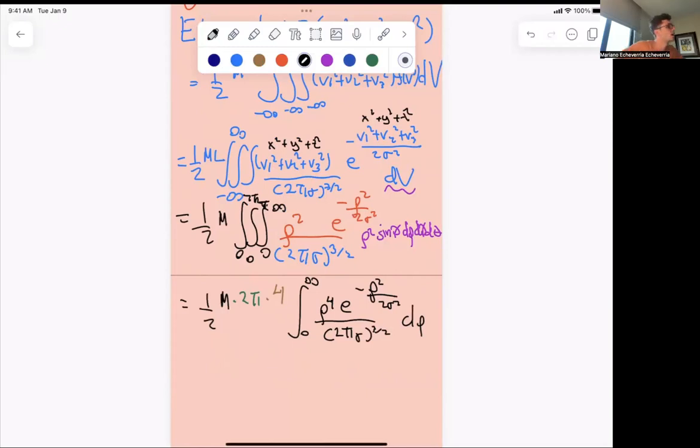And that one, there are a couple ways to do it. One way would be integration by parts, because if there were no rho here, you kind of know the value for this integral because it's related.